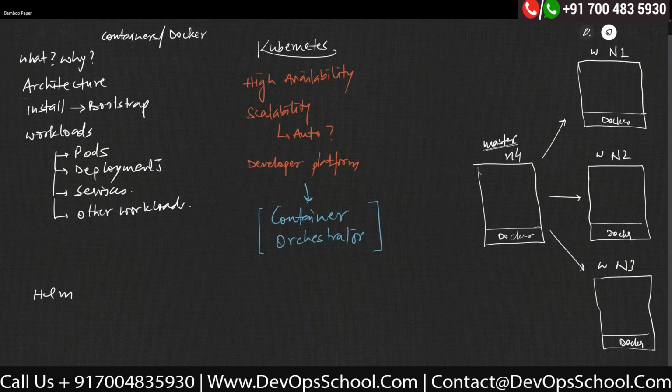If a container has to be run and the master comes to know about it, and we will see how it comes to know about it, say it has to run 5 containers, it will instruct these nodes to run them: maybe run 2 containers on node 1, 1 container here, 2 containers here. So the master will know what to do, and it will get work done by using these worker nodes.